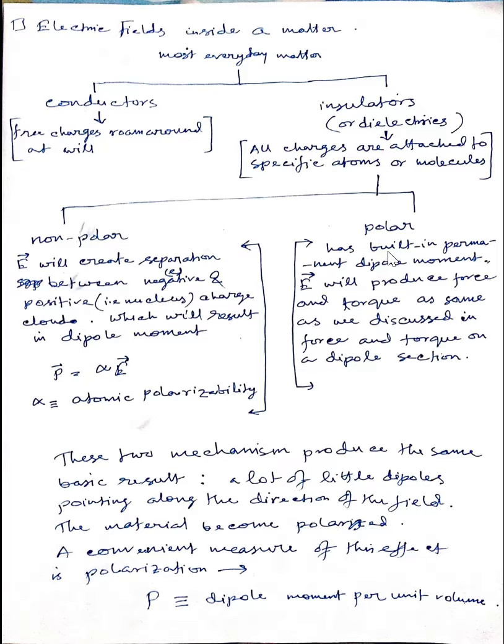So the physics of these dipole moments will be the same; we have already discussed in previous slides what happens to a dipole moment in a uniform electric field and in a non-uniform electric field. The same thing happens here. That's why we learned all those things, for this purpose.